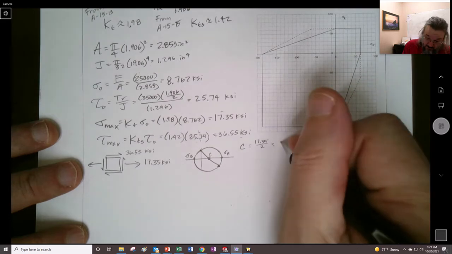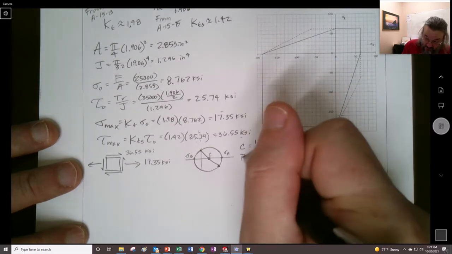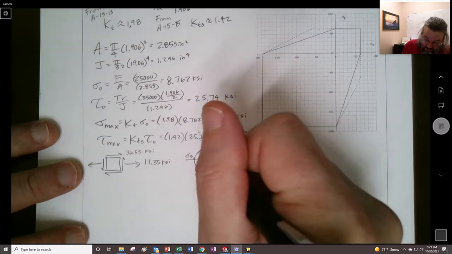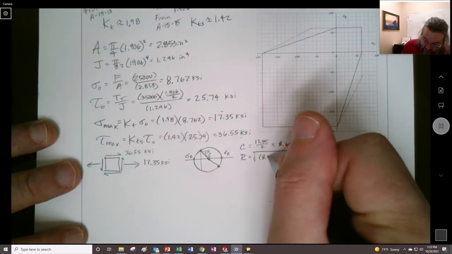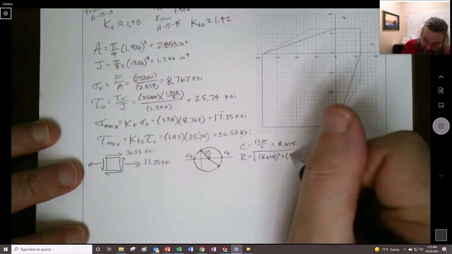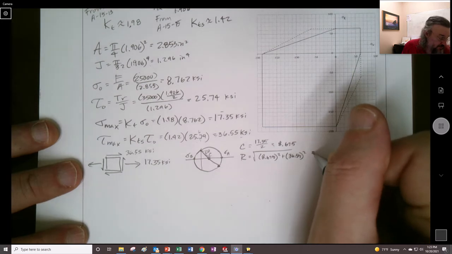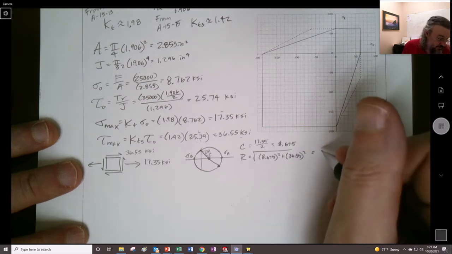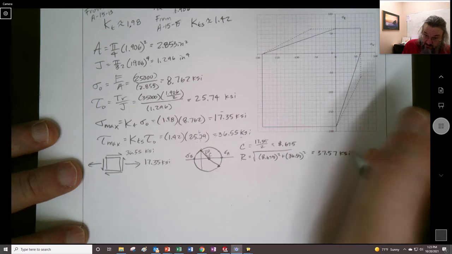So that comes out to 8.675. And our R is going to be right here, so that's 8.675 squared plus 36.55 squared under a square root. And we end up with 37.57 KSI.